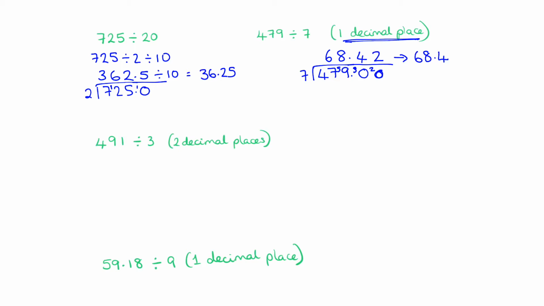Okay, the next one, 491 divided by 3, and we're asked to give this one to 2 decimal places. So we're going to have to work it out to 3 and then round.